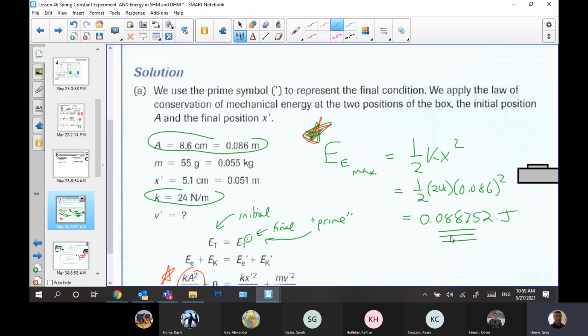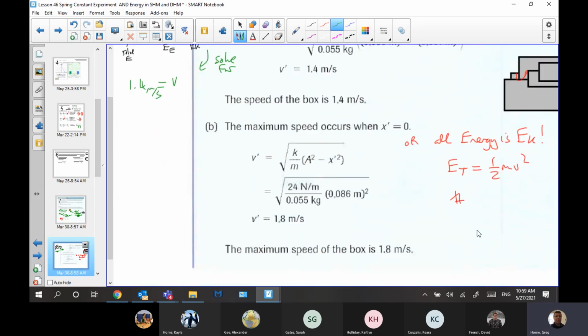So that number would be right here, and that would equal the 1/2 times the mass, 0.055, times v squared. So that number times 2 divided by 0.055, rooted, gives us 1.79, just solving out 1.796, which of course is the same as that one, 1.8 meters per second.